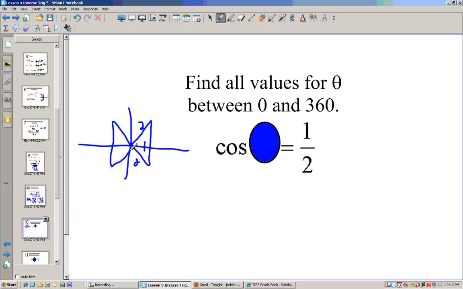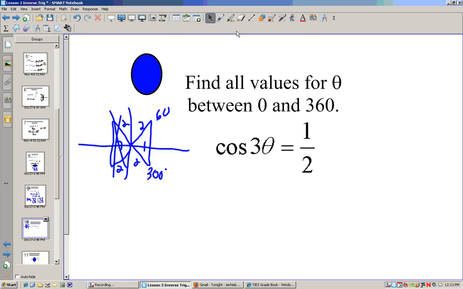Now on these other two quadrants, it would be a negative 1 over 2, so it's not going to work on the left side. So this is at 60 degrees and 300 degrees. So if I remove my circle, I'll have 3 theta is equal to 60, and 3 theta is equal to 300.